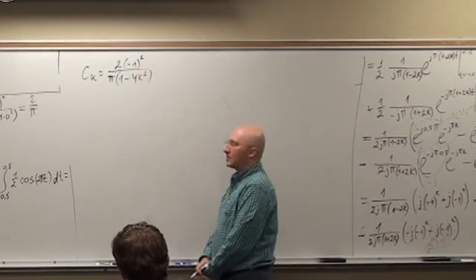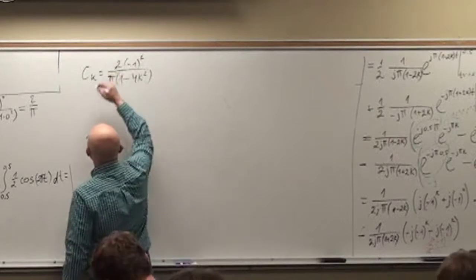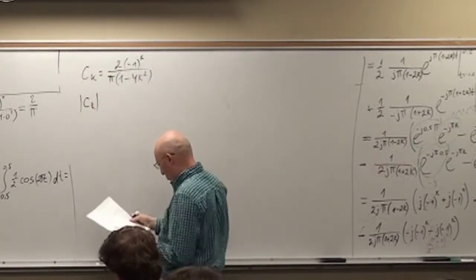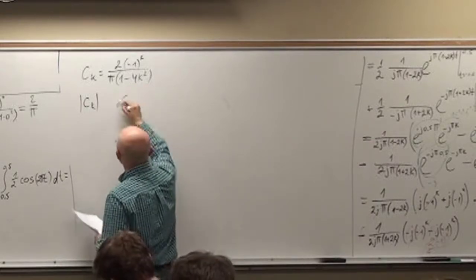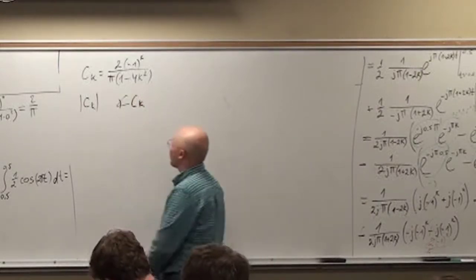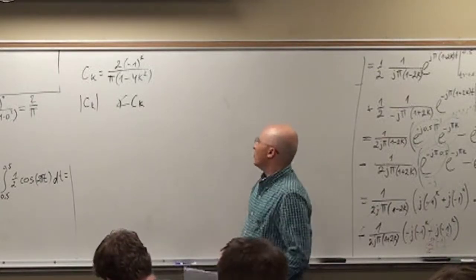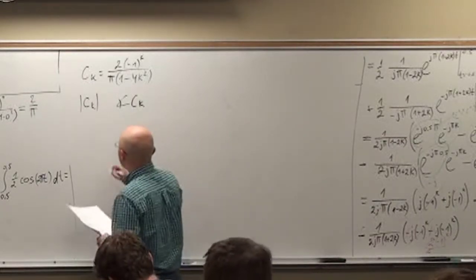This is the spectrum. You want the amplitude spectrum, which is the absolute value of ck, and probably also the phase spectrum. How do you plot it? Let's see.